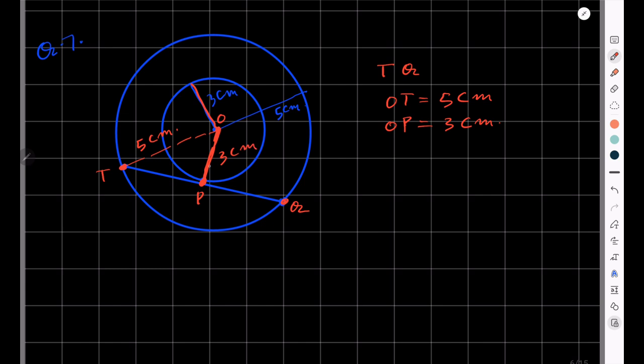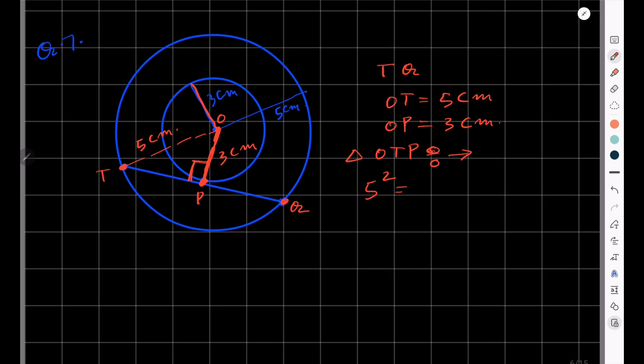And as this chord is a tangent to the smaller circle, that angle will be 90 degrees. We have already read that. So triangle OTP will be a right angle triangle, and we can very well apply Pythagoras theorem.